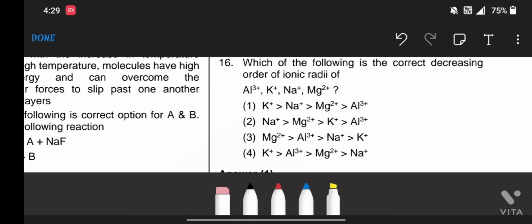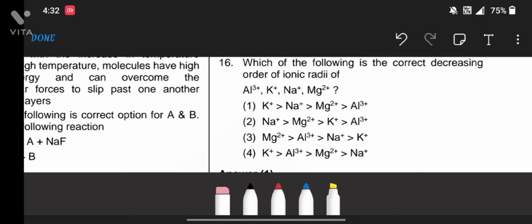Option B: sodium is greater than magnesium, greater than aluminum, and potassium is greater than aluminum.